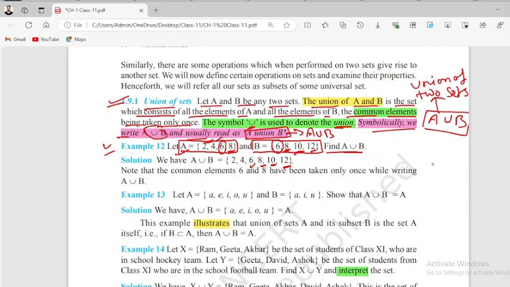Basically this is the union of two sets. Every element comes once in the union.